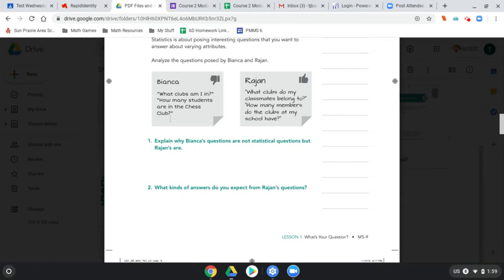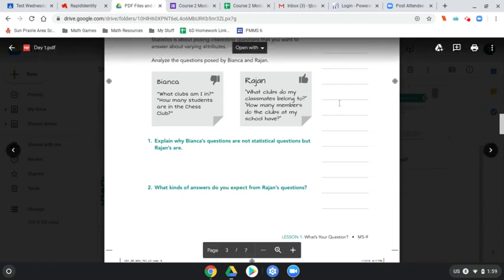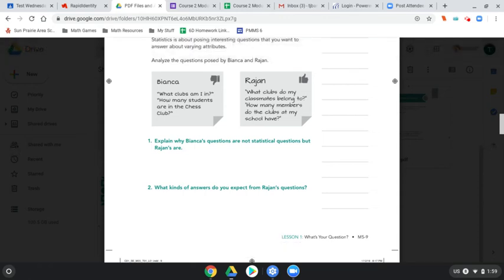How many students are in the chess club? That's one answer. You're not going to be able to collect a lot of data if you ask everybody how many kids are in the chess club, because if there's 10 kids in the chess club, everybody's answer will be 10. Whereas with Rehan, what clubs do my classmates belong to? We could go through all the different students in the class. We'd get a whole bunch of different clubs listed out, and we could see who has the most clubs.